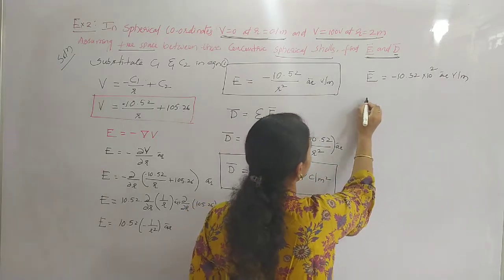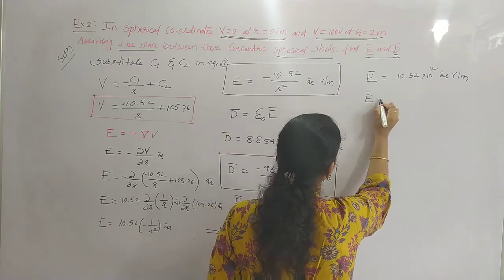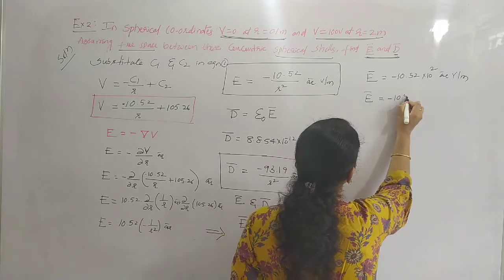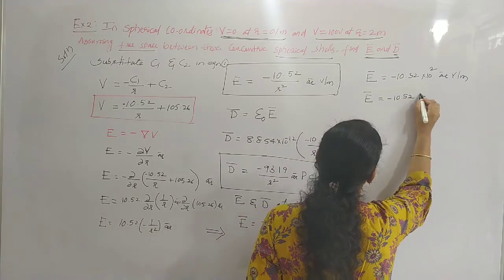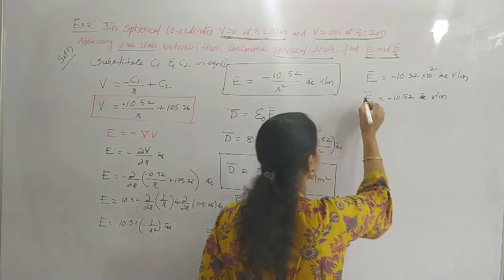So we can write E bar as minus 10.52 AR volt per meter.